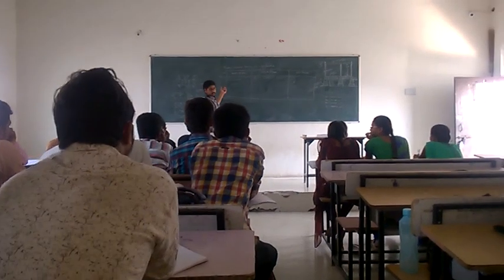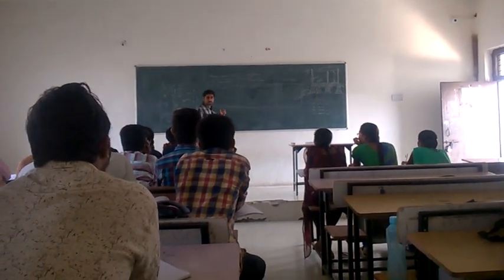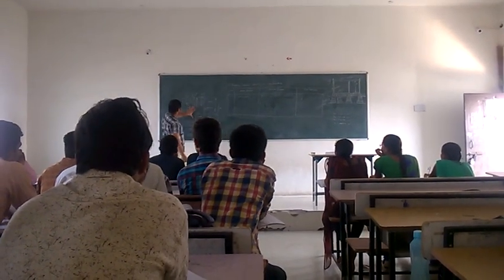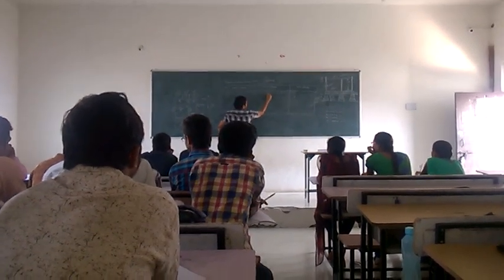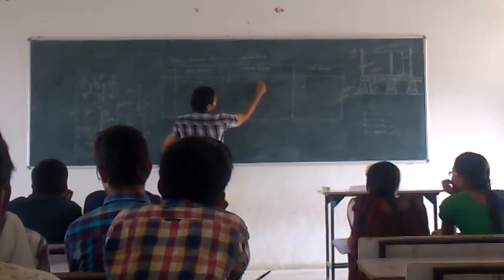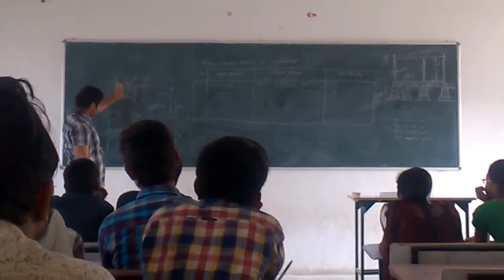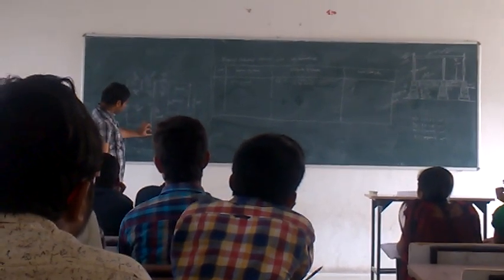That is the length. Next, what about the width? Width is this one 3 plus this one 6 plus 3, that is 6.0 plus 3.0, plus add the partition.